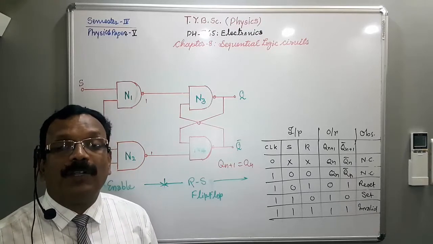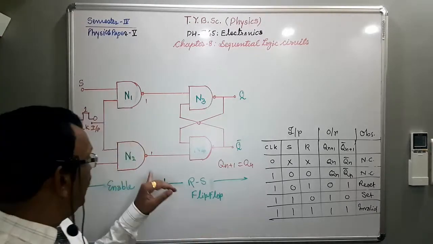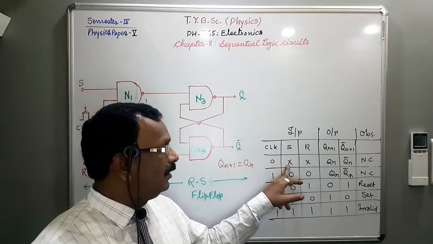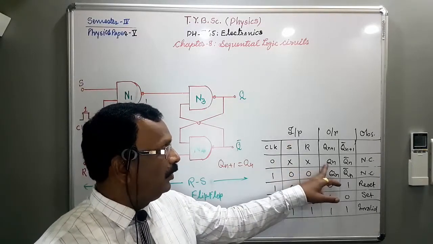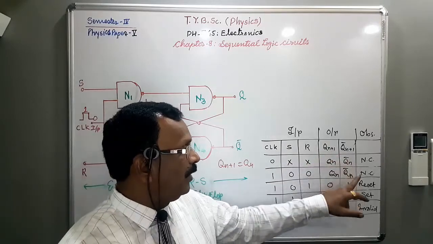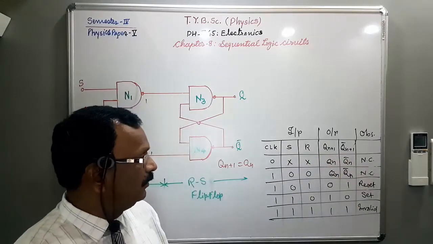The action of the clock pulse is summarized here. When the clock pulse is 0, there is no change: Q(n+1) is Q(n) and this is Q(n) bar.